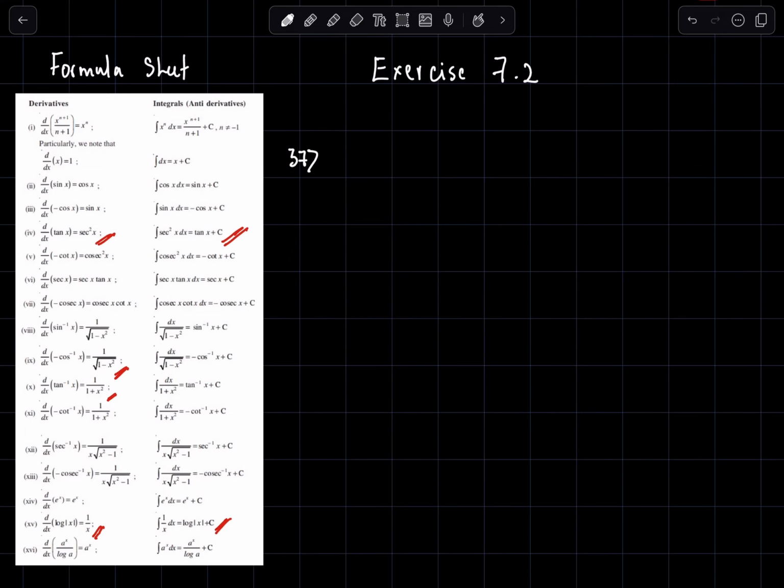37 is interesting. X cubed sine tan inverse x to the power 4, divided by 1 plus x to the power 8. Interesting. So how do we solve this?